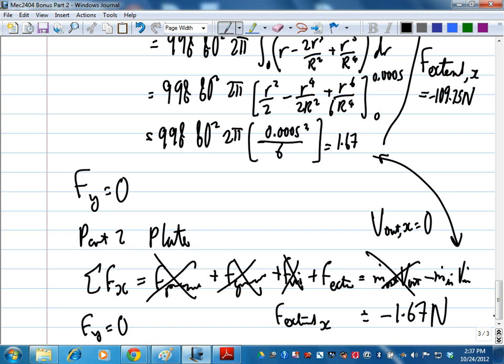So this is the force required to hold the plate in place. The earlier one is the force required to hold the nozzle in place, because that's the nozzle on fluid. So it's that force you need to provide, nozzle on fluid, to hold the nozzle in place.